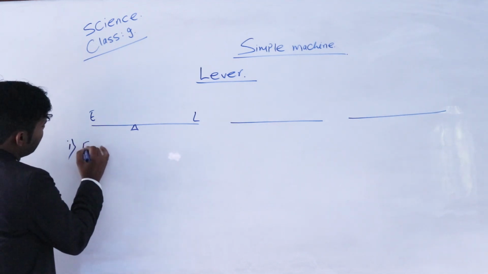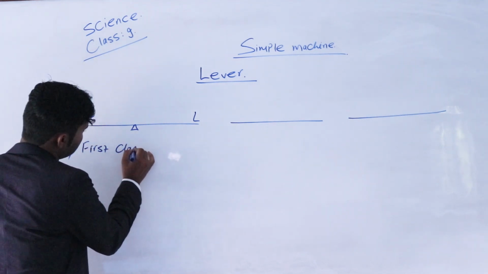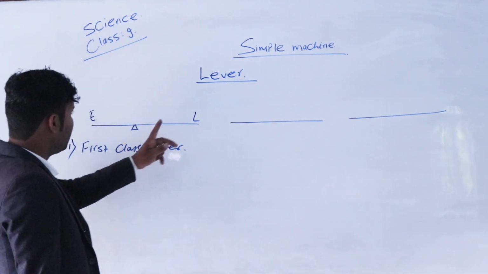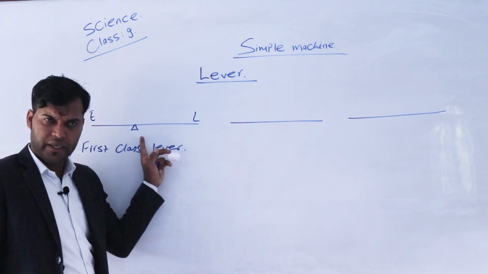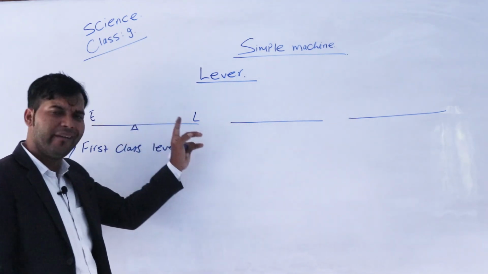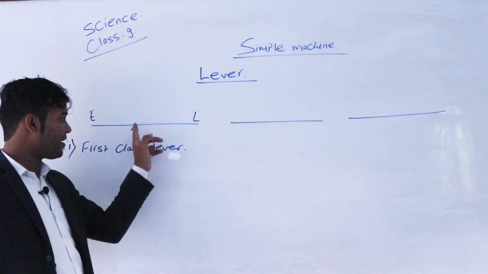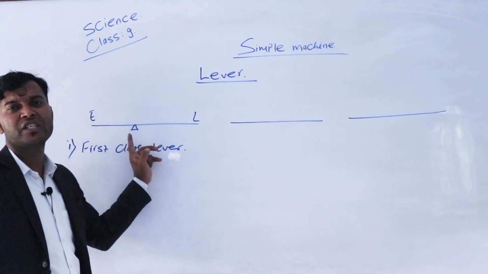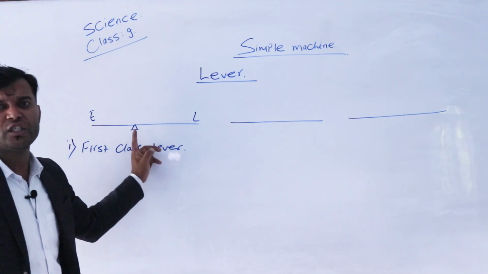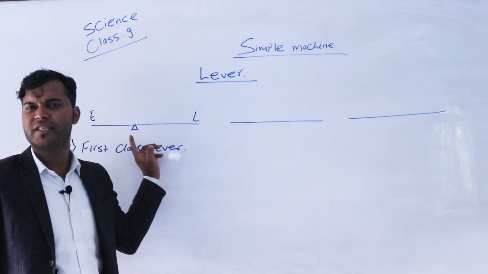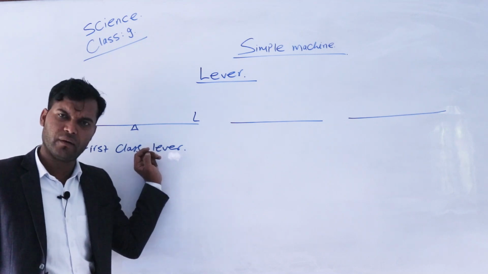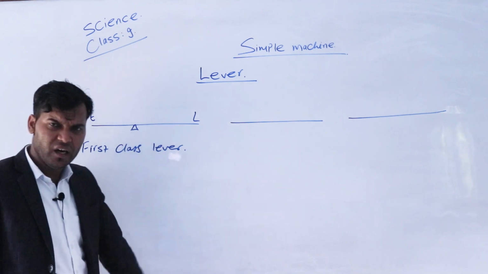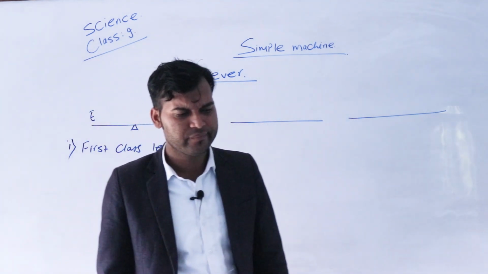I hope you have seen a seesaw. A seesaw is an example of a first class lever, where the fulcrum lies in the center.